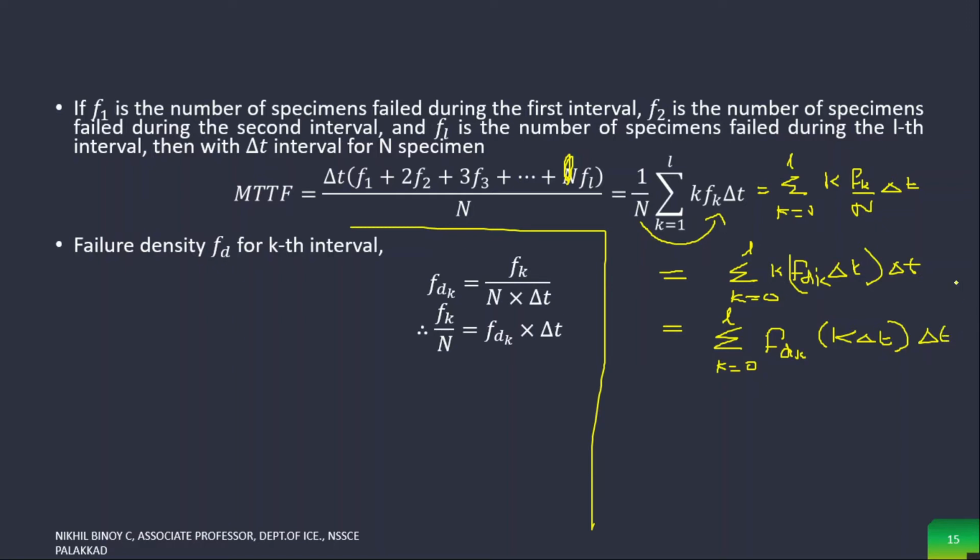So MTTF is equal to sigma k equal to 0 to L of fdk into k delta t into delta t, where fdk is the failure density during the kth interval, k is the interval number, and delta t is the length of the interval. So my question is, if k is the interval number and delta t is the length of the interval, then what is k into delta t?